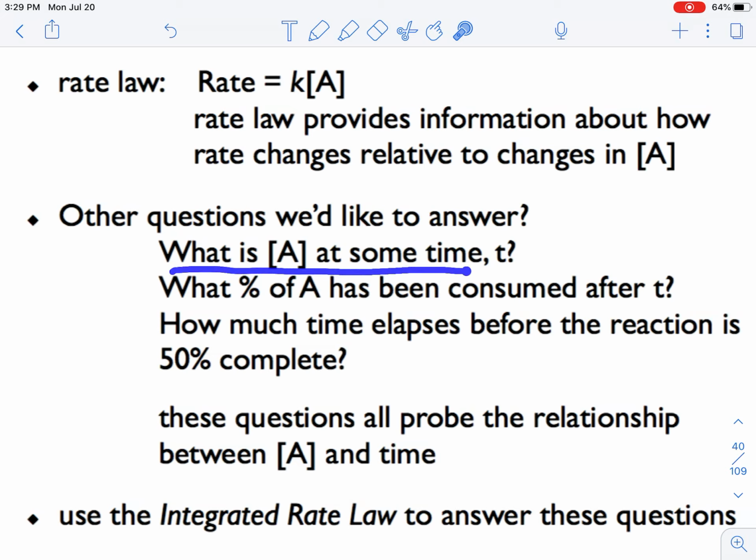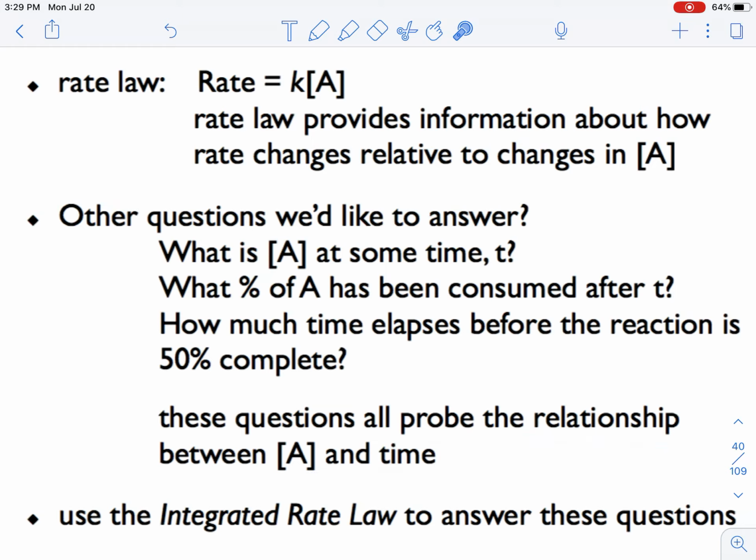So what is the concentration of this reactant at some period in time? Or perhaps we want to figure out what percent of the reactant has been consumed after a period of time, or how much time has elapsed before the reaction is 50% complete, which implies half-lives. All of these questions probe the relationship between concentration and time.